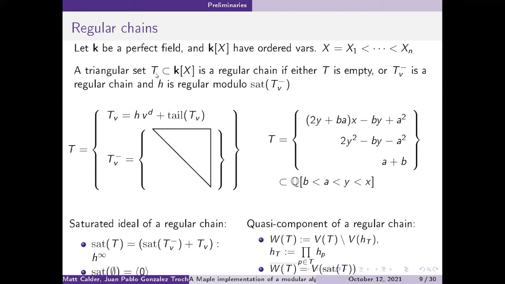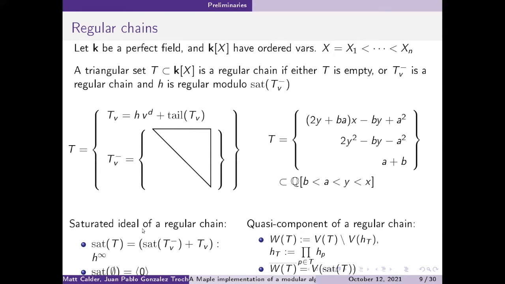A triangular set T is a regular chain if either T is empty, or we can see T as the union of a polynomial with the greatest main variable, say Tb, and the other polynomials, say Tb minus, and Tb minus must also be a regular chain, and additionally the main coefficient h of Tb must be regular mod the saturated ideal of Tb minus.